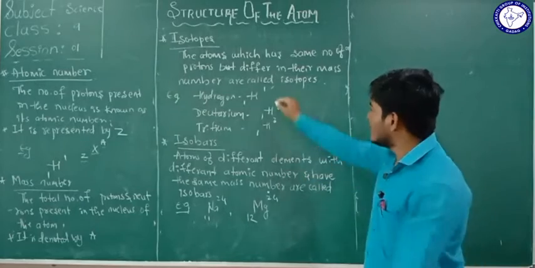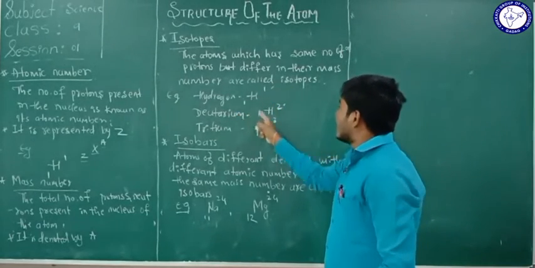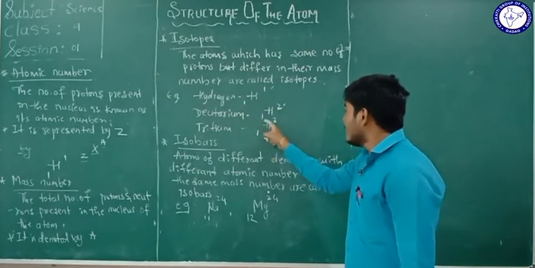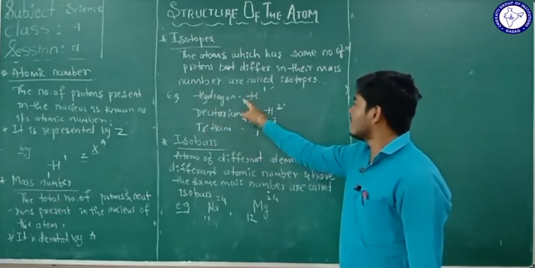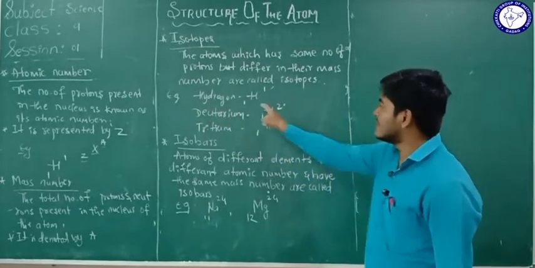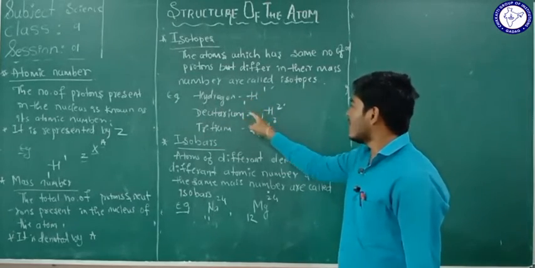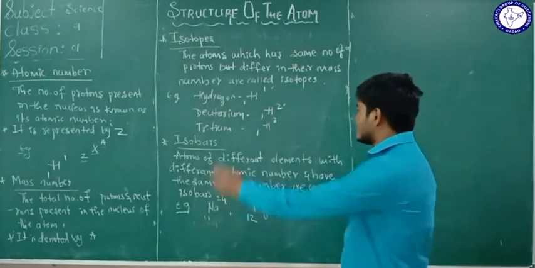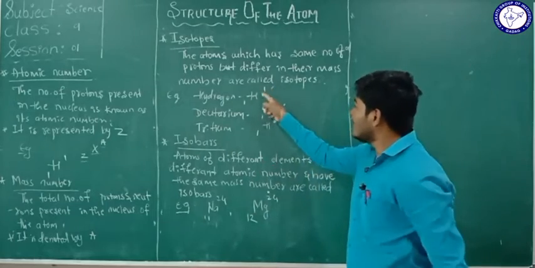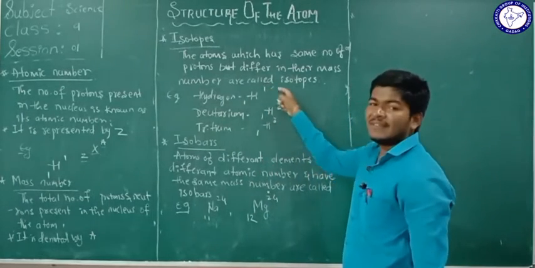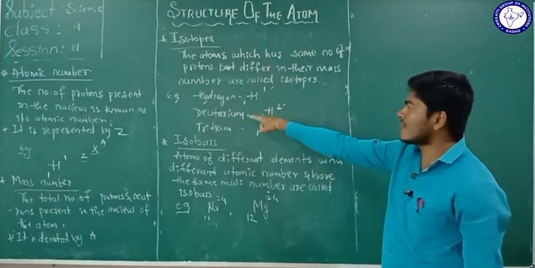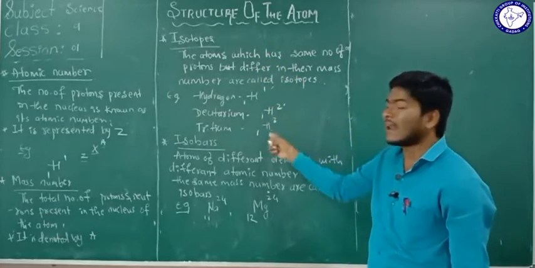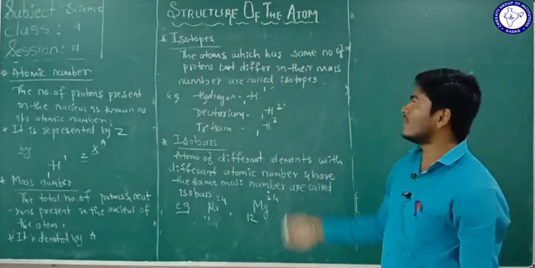So the atomic number of both is the same, the number of protons in both is 1, but they differ in their mass number. These are known as isotopes. For example, hydrogen, deuterium, tritium. This is one example of isotopes.